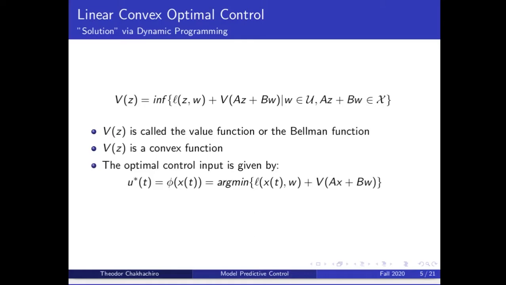Now V of z is called the value function or the Bellman function. It is a convex function, and the optimal control input is given by u star of t, which is a function of x of t, the argmin of L of x of t comma w plus V of A x plus B w.